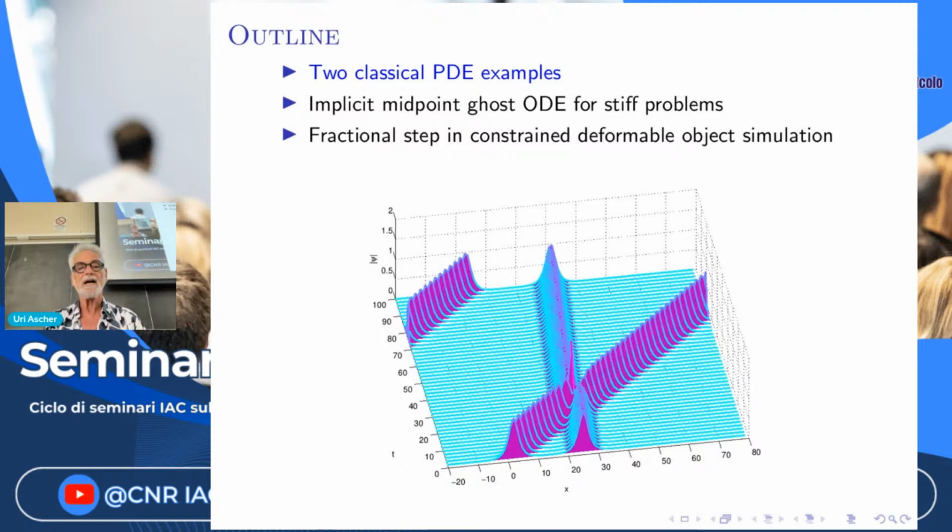And then half of the talk will be in the context of computer graphics simulations, where again such fractional step methods that we use can yield surprises that we don't want. That's the plan for the day.